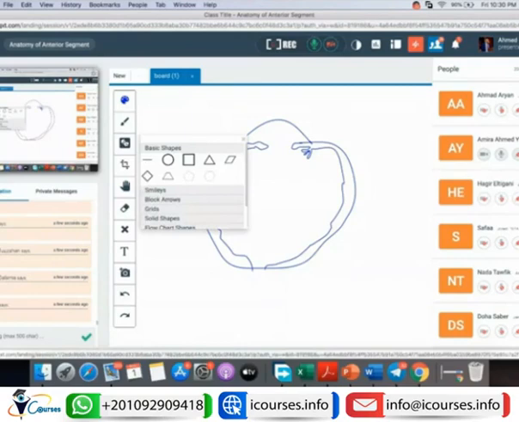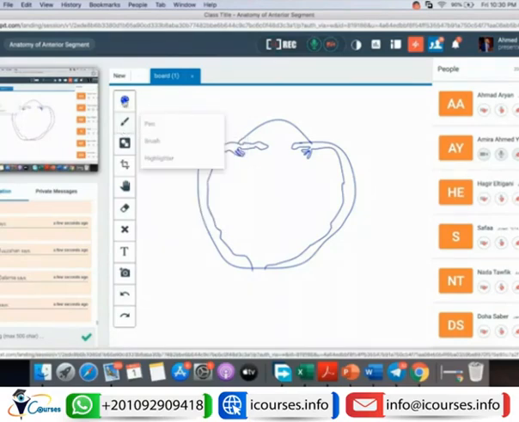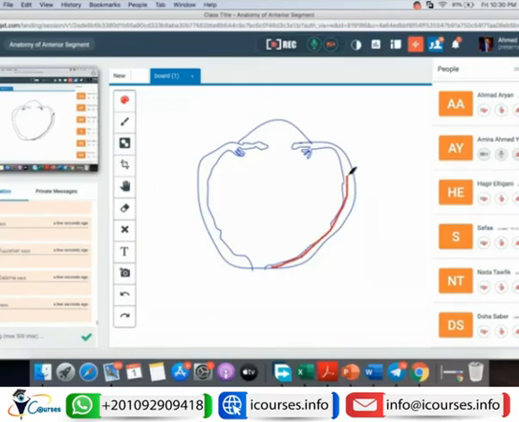Let me change the color. Bruch's membrane is the innermost layer, which is adherent to the retina and retinal pigment epithelium.